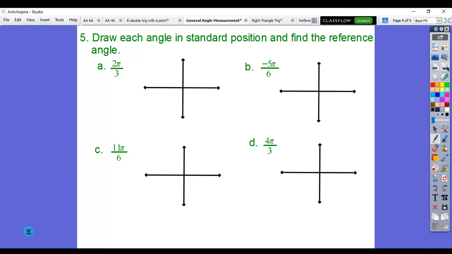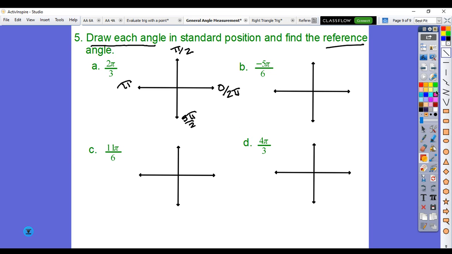Last slide. We have to just do the same thing, but now it's in radian measurement. So we're just going to draw the angle, find the reference angle. Okay, so let me just review. This is 0. This is a half pi. This is a whole pi. 3 pi over 2, or 1.5, and 2 pi.